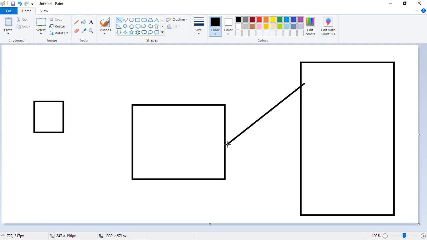Now the memory will be like this, and this is a connection and this is a connection. This is known as cache.